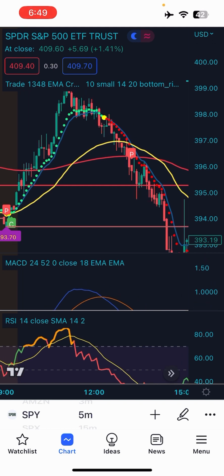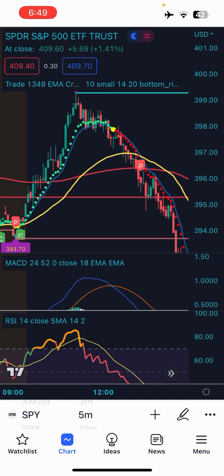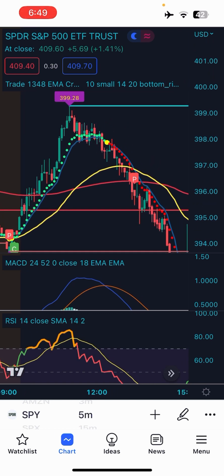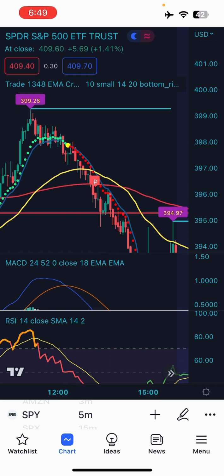Why? Because you're looking at the MACD and the RSI as well. You're not only looking at the EMA lines. You have the EMA line, but you have the MACD and the RSI as confirmation for that move. The most important part is the EMA lines.